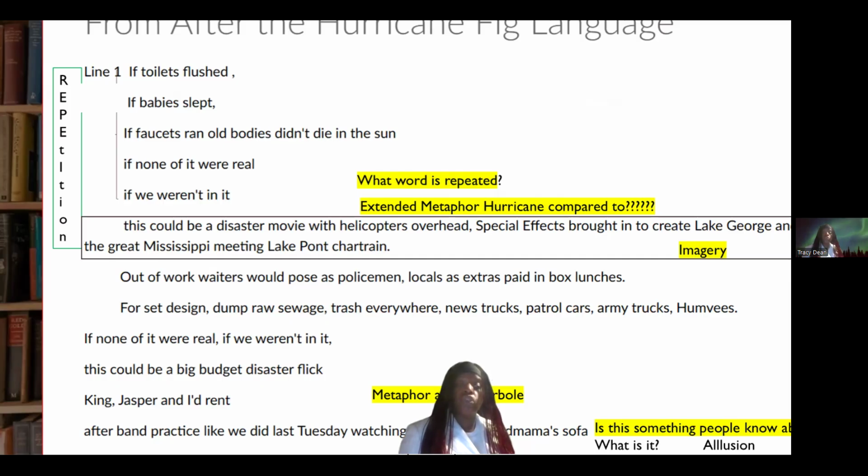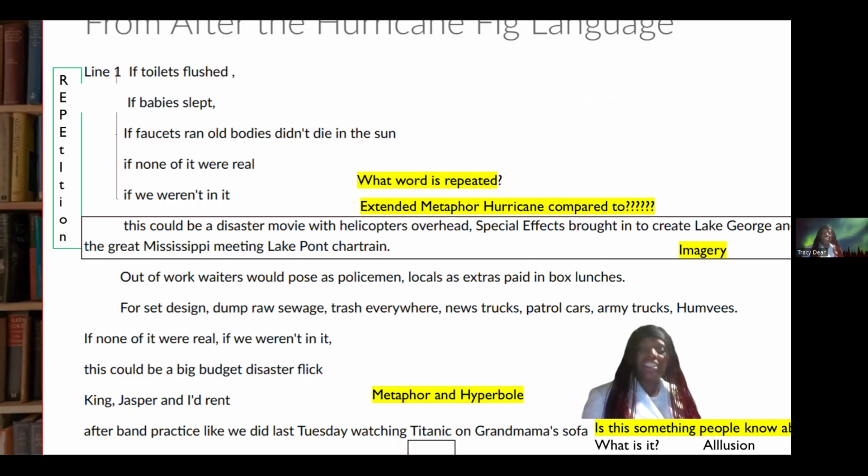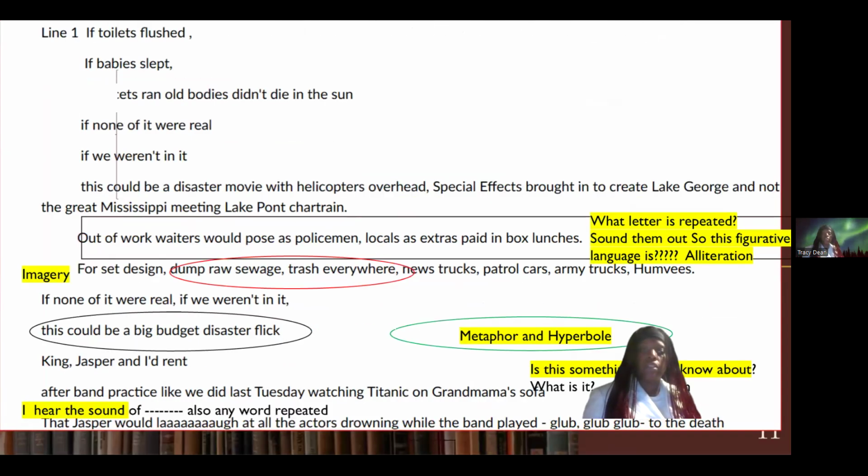Remember, imagery is where you're using all five senses. You may find one imagery inside of this sentence. I can see that thing. Now we're going to go to the next page. There's more figurative language, but let me look at that on the next page.